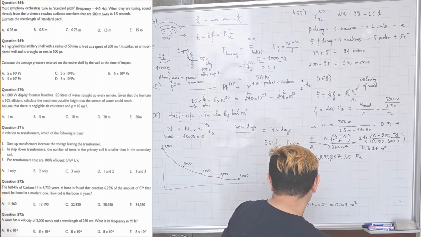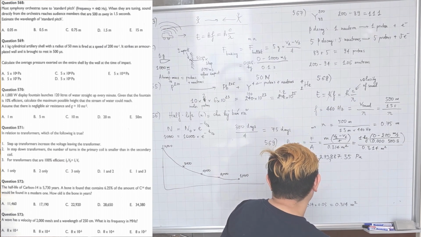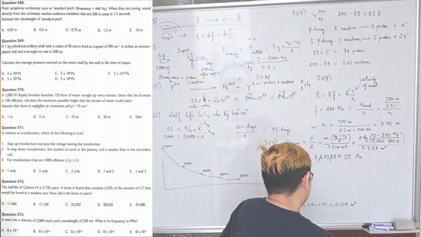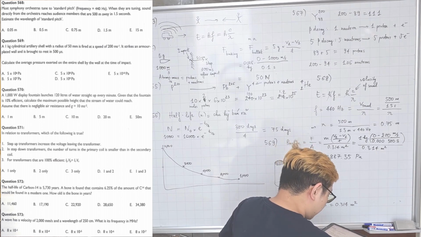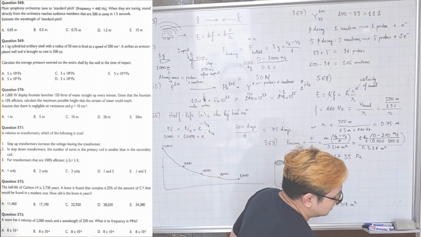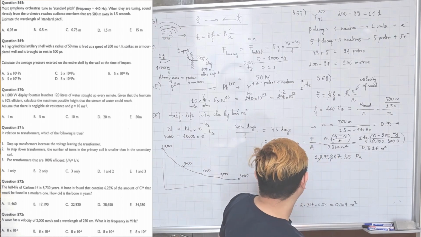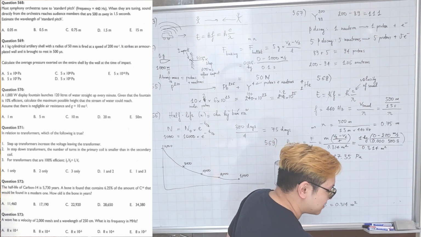Yeah, but there's something even more weird, right? They say the pressure exerted on the entire shell, but we are not given the height of this cylindrical artillery shell. How can we solve it?